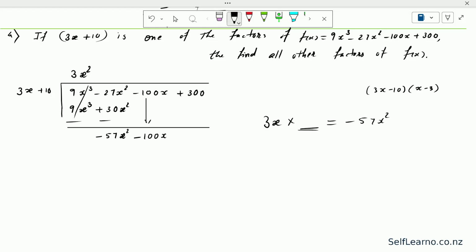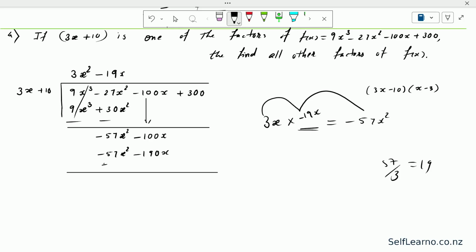What number should I use? 57 by 3 is 19, so negative 19x. Because 3 times 19 is 57. So I get negative 57x squared plus 10 times minus 19, that is minus 190x. Great.